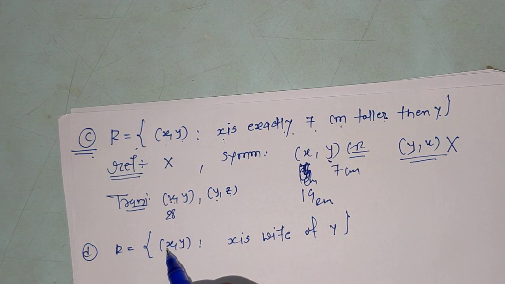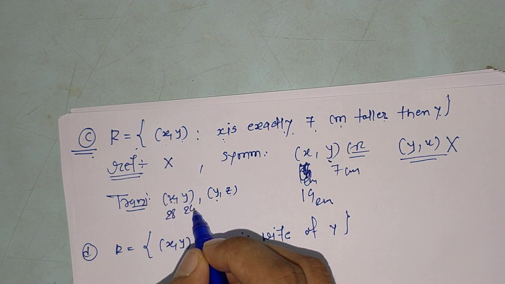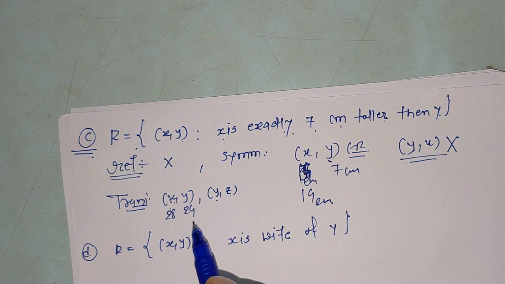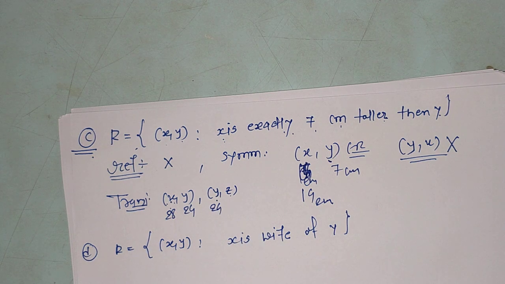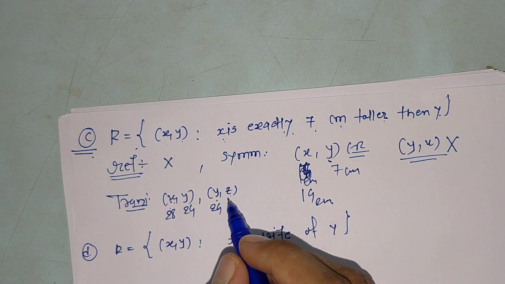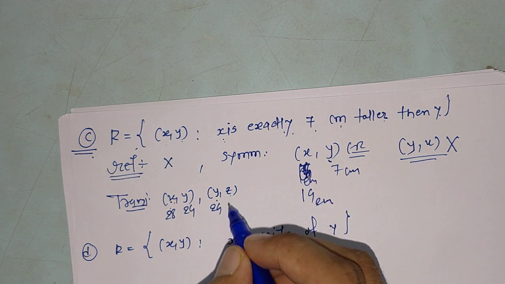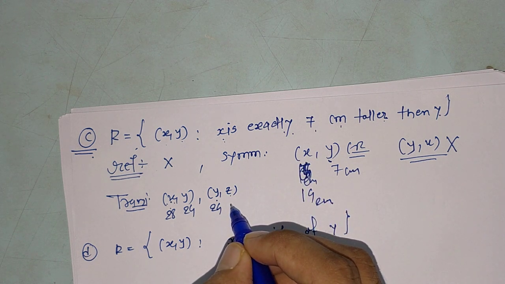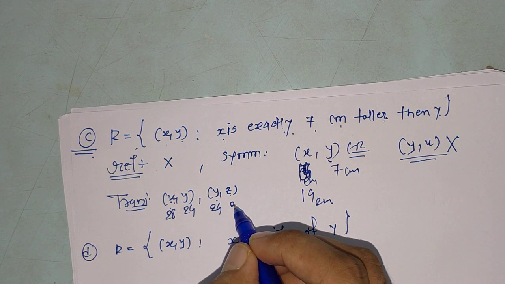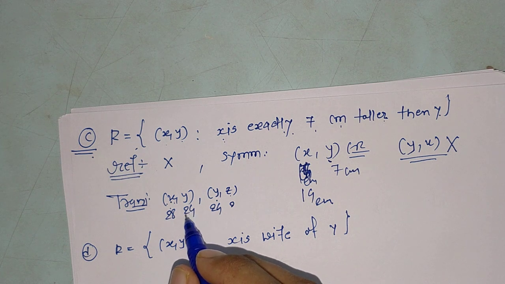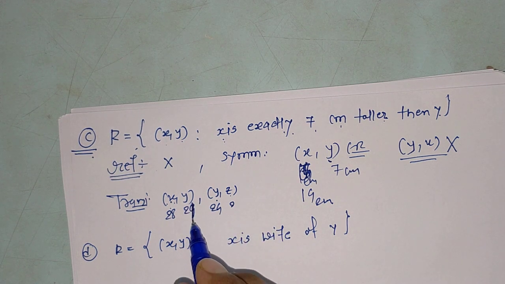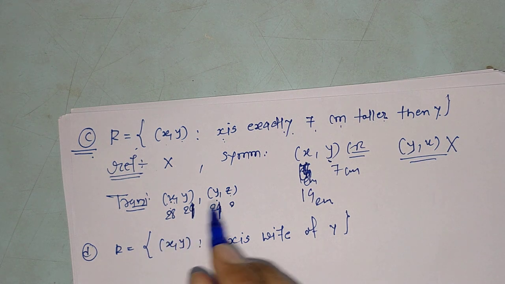X has 28, so Y must be 21, sorry, my mistake, not 24. The difference is 7.